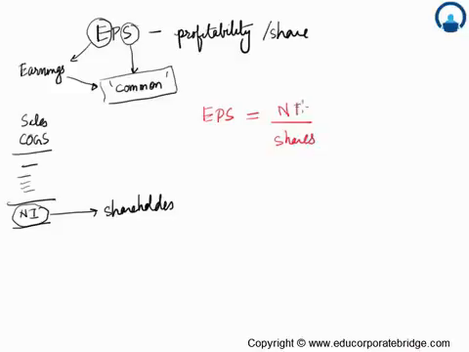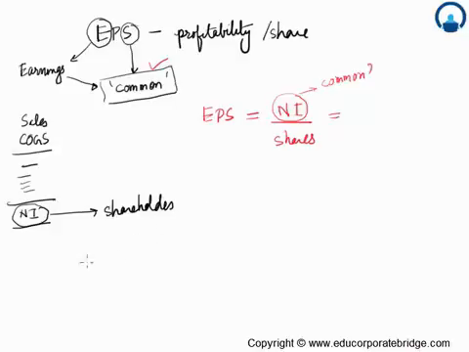Now there are two things that we must note. We'll probably modify the numerator as well as the denominator. Let's do that first for the numerator. We started by assuming that EPS is only with respect to the common shareholders. So when we're talking about the numerator, do you think that the net income directly accrues to the common shareholders?